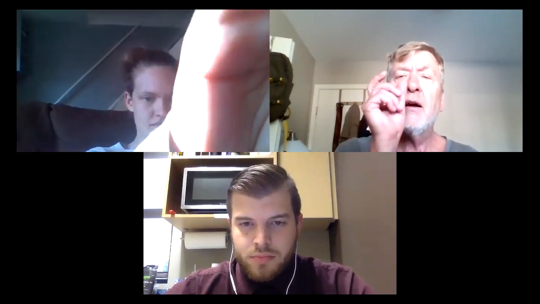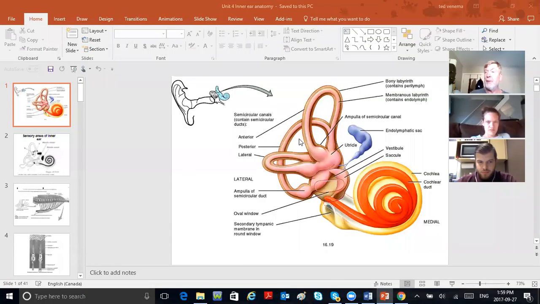So your three semicircular canals, because they are at orthogonal planes to each other, no matter how your head moves in space, whether side to side, forward and back, or a combination of the two, fluid is going to move in one or more of those semicircular canals. That's what helps you tell where your head is in space without looking.